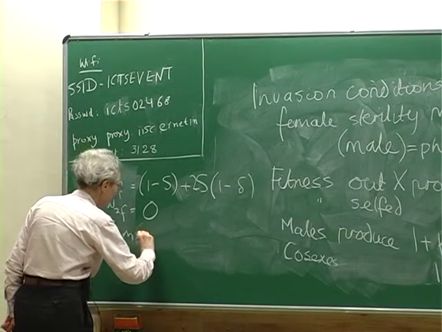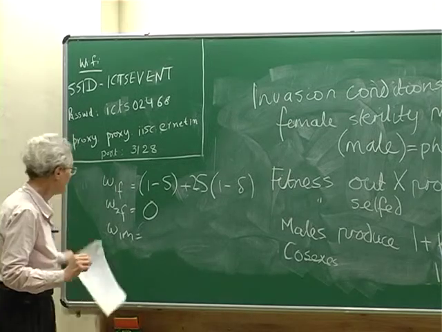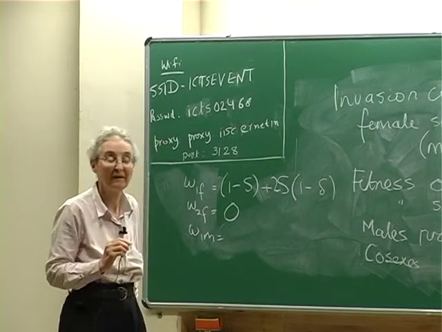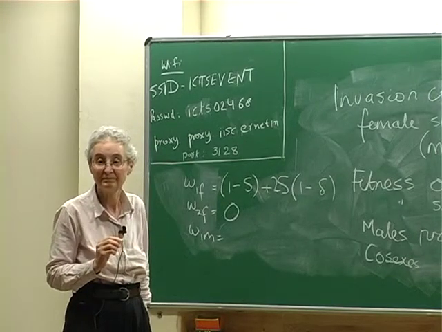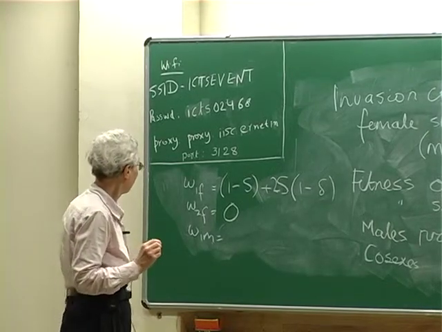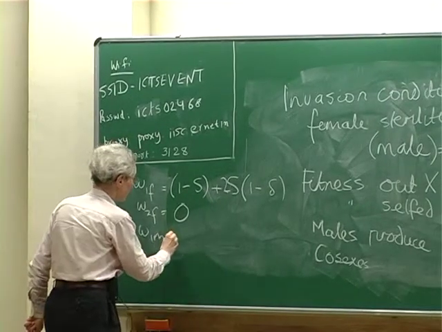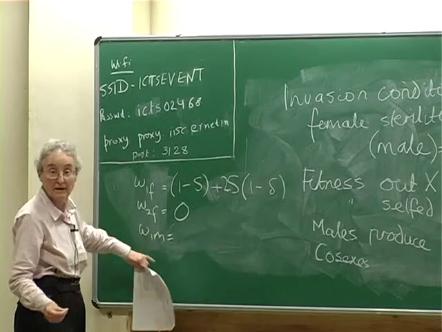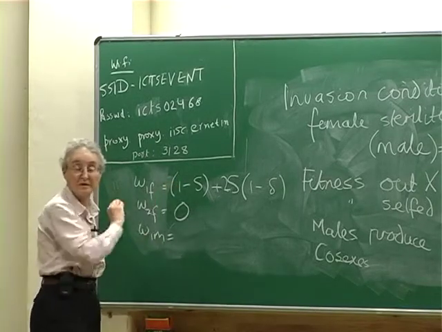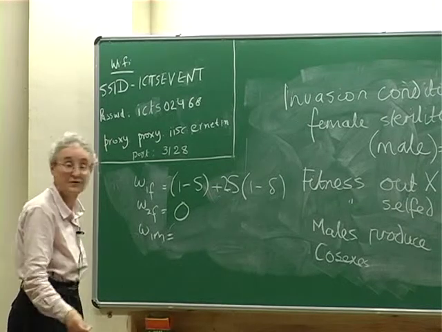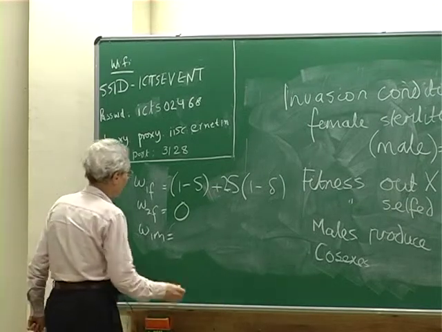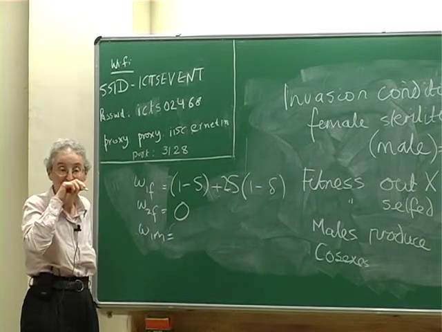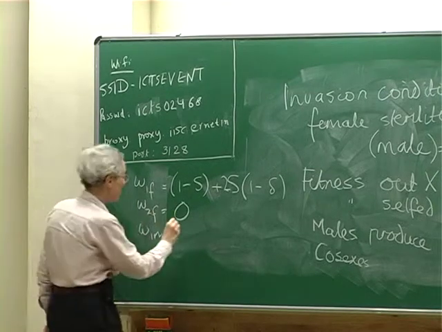Through male reproduction, how can it contribute gametes to the next generation through male reproduction? It has to contribute them by fertilizing the female gametes of the phenotype that does have female gametes, right? So what proportion of their gametes are available? 1 minus S, yeah.